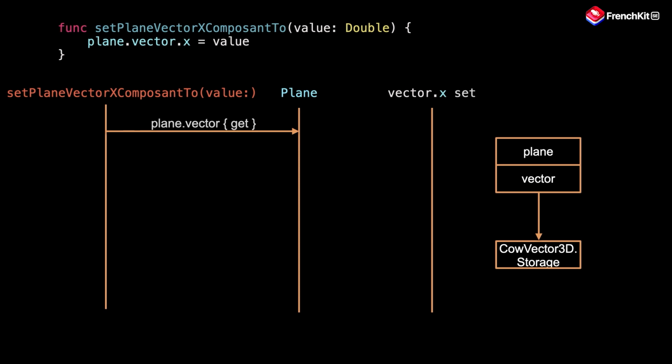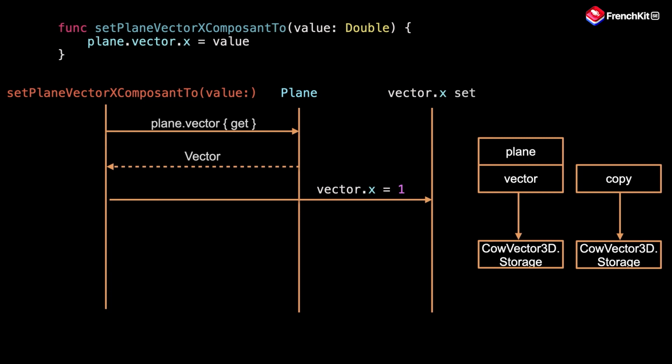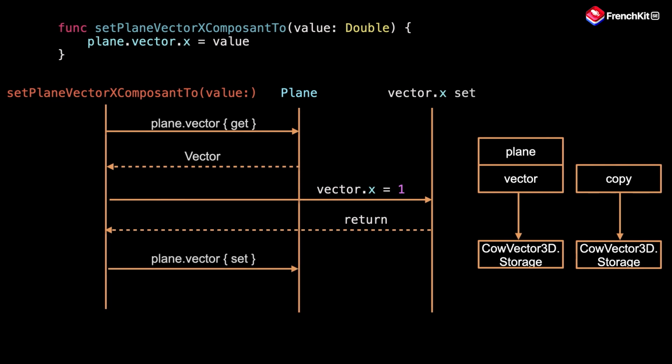So the plane returns the vector, and it's actually a copy of it. But now I'm modifying it. So we had two instances of the same vector sharing the same storage, so I need to duplicate my storage. When I'm done mutating it, I can return from the setter of the X variable, and now I can finally call the setter of my vector variable to replace it with the new value.